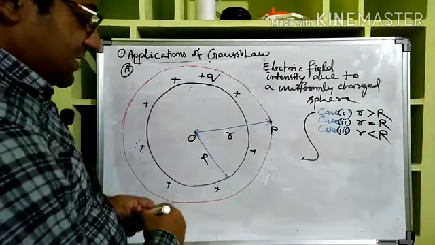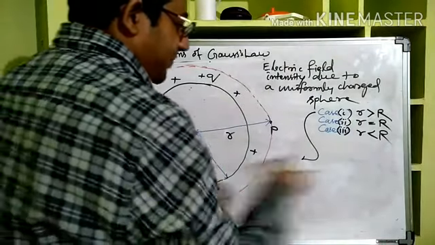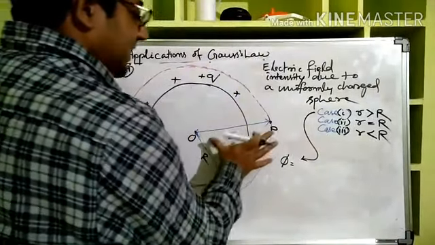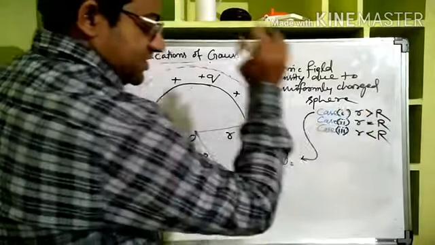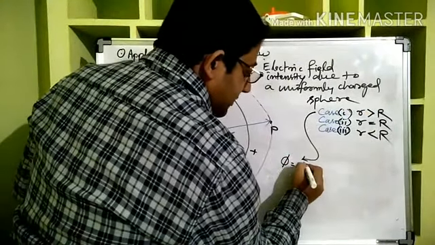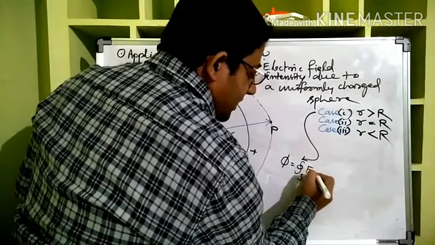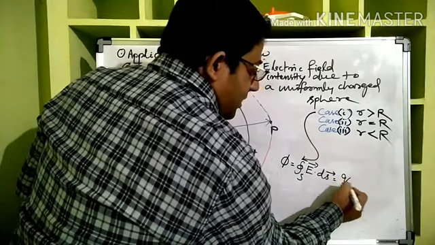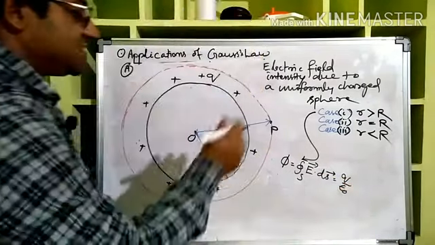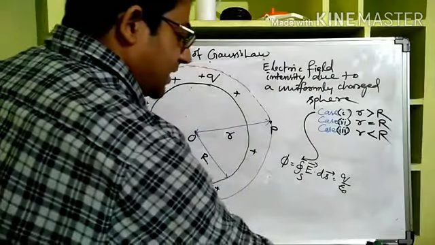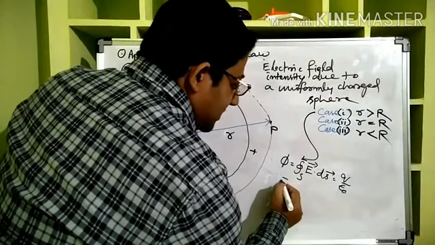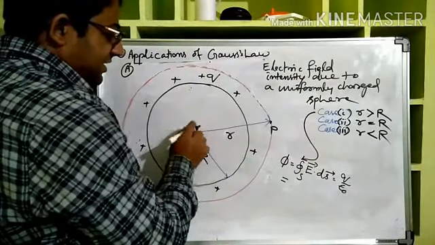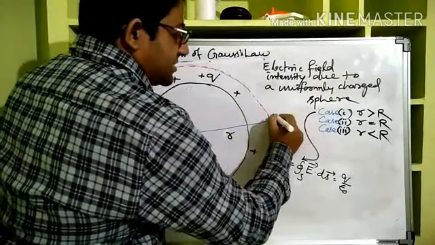Now here I am writing again, phi total is equal to the closed surface integral of E dot ds, which is equal to 1 by epsilon naught times the charge enclosed in the surface, where the distance from O is r, as we have considered already. Fine. Now, what is the direction of E? Isn't it away from the positive? So it is outward.